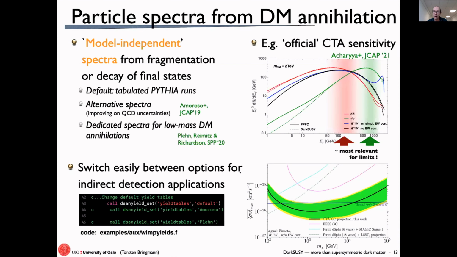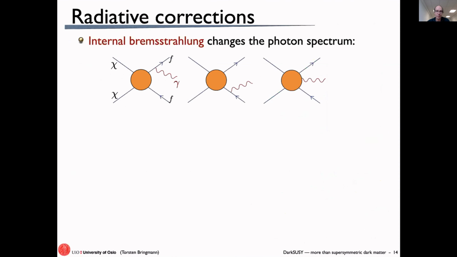One example of where this was used in practice is again this CTA consortium publication, and these spectra entered the final limits or the sensitivity predicted for CTA. And as Michele also stressed, you can see here that CTA has really very nice prospects of probing TeV scale WIMP dark matter.